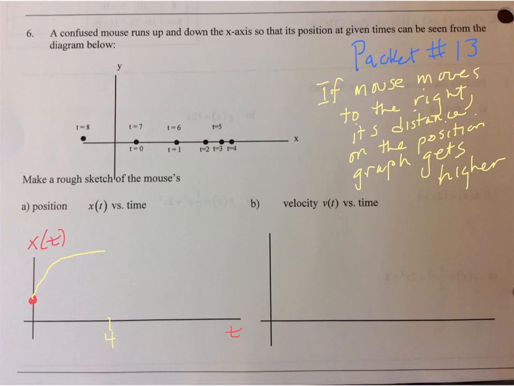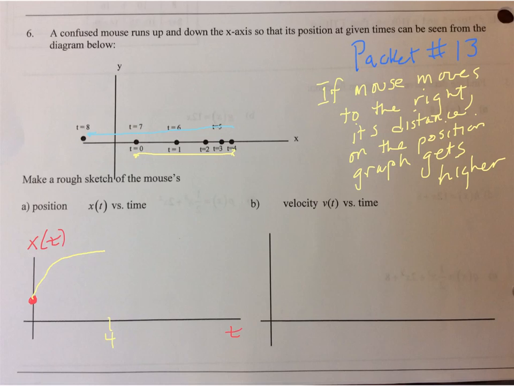So it started away from the x-axis, and it increased its distance from the origin up until 4. Now the little guy has started to move back towards the origin, and in fact past the origin.